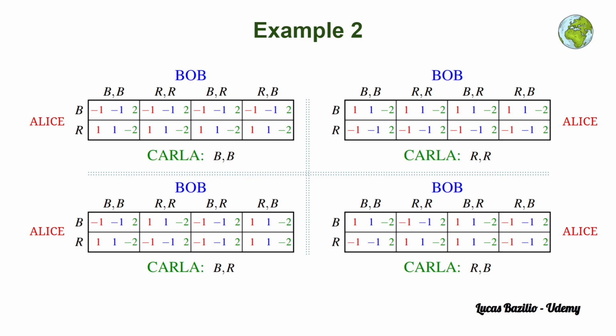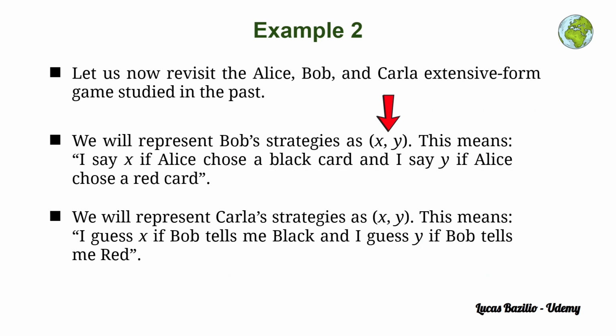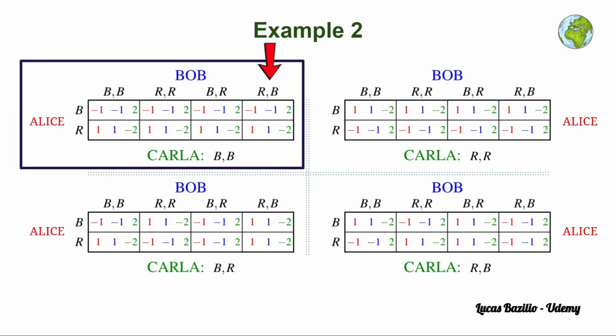Very well, so now let us analyze the strategic form representation. First of all, let us just consider this top left table here. Notice in this column here, Bob's strategy is RB. So remember this notation XY. Thus, RB means if Alice chose a black card, I say red, and if Alice chose a red card, I say black.